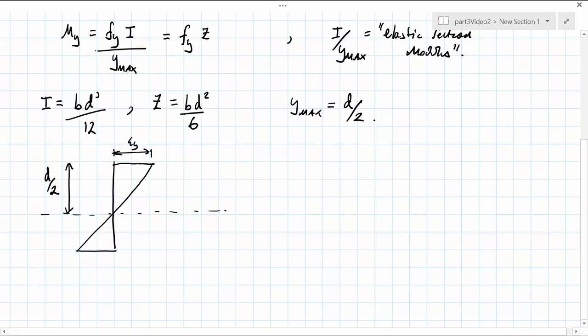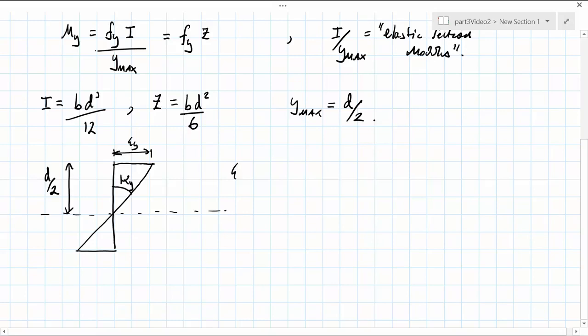So the outer fibres of the cross-section are strained to a value epsilon y, and the curvature is simply the slope of this distribution measured by the angle kappa y.